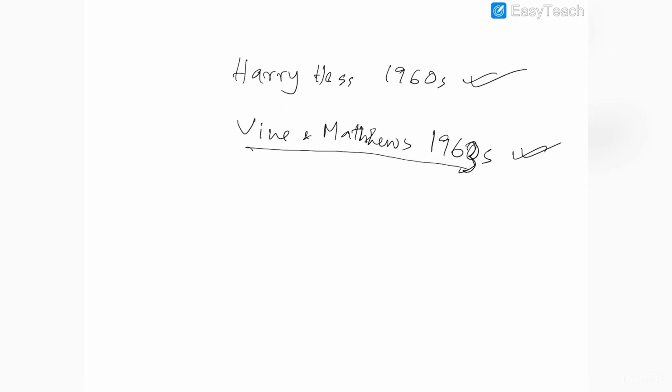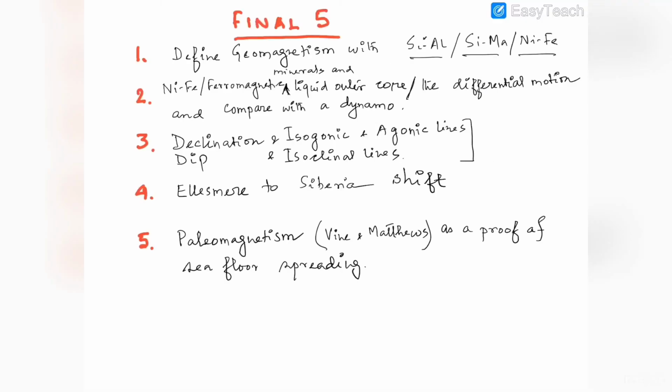Now I will try to give you a synopsis, how to remember all of this. Now it is the time for the synopsis, the final 5 points that you should remember about this chapter. The first one, you have to define geomagnetism and make that triangular diagram. You remember core, mantle and crust, but here you show Sial as the crust, Sima as the mantle and Nife as the core.